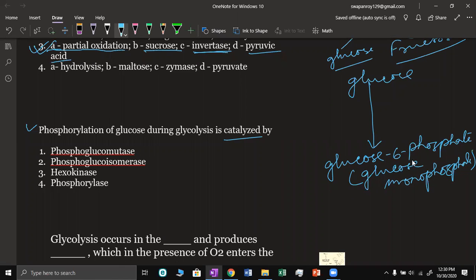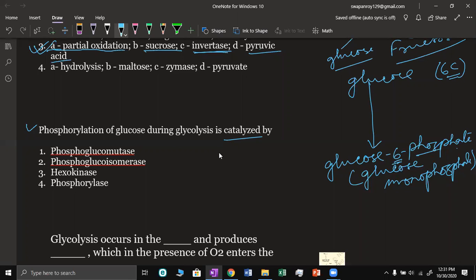The 6 indicates the number of the carbon, that is, the phosphate group is attached to the 6th carbon. Glucose and fructose are 6 carbon compounds. You have to remember this.